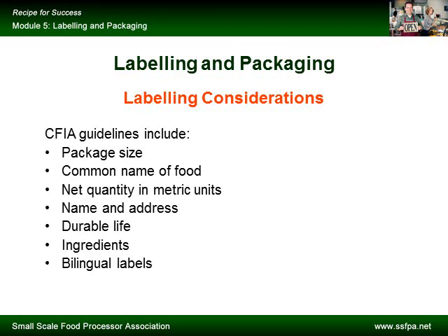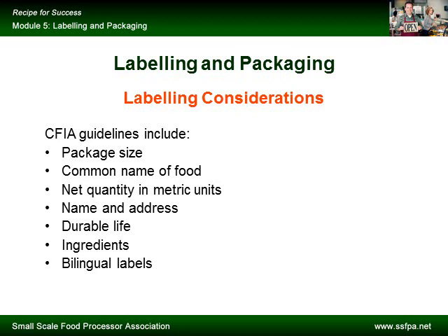The Canadian Food Inspection Agency administers the Food and Drug Act and regulations, and the Consumer Packaging and Labeling Act and regulations as they relate to food. You can view and download the Guide to Food Labeling and Advertising from the CFIA website. Chapter 2 of the guide contains the basic labeling requirements. The guidelines include requirements on package size, common name of food.